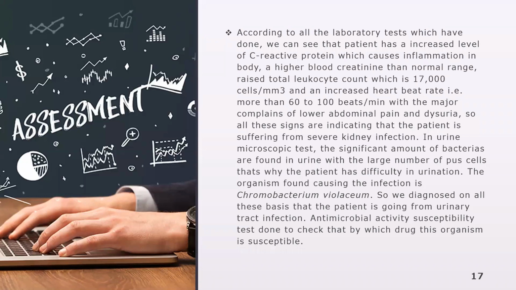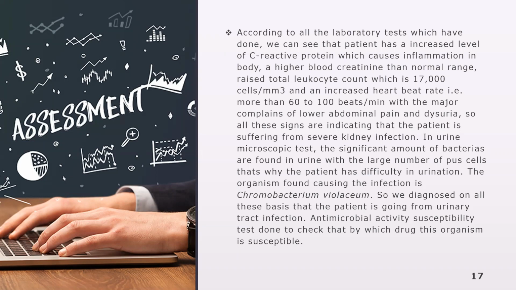Now here's assessment. All the laboratory tests have been done, and according to these we have to assess what disease the patient is suffering from. The patient's C-reactive protein level is higher, which indicates inflammation in the patient's body. His blood creatinine level is also higher than the normal range.